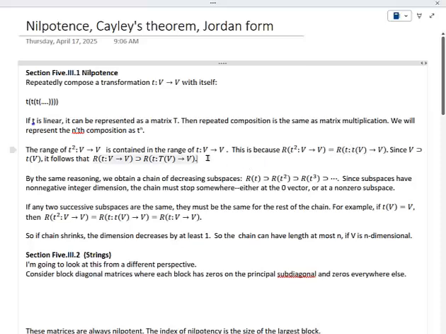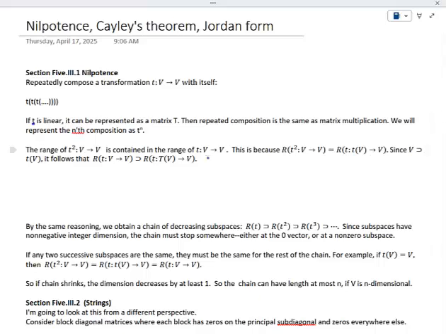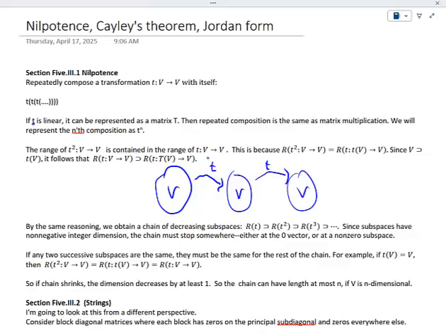Let me just diagram that a little bit. If I'm going to do T squared, right? If I start with V, and then I take T, and then I take V again, right? All right, now the range of T squared is going from here to here, right? But if I take T operating on all the points here, it's going to go to a subset of V here.